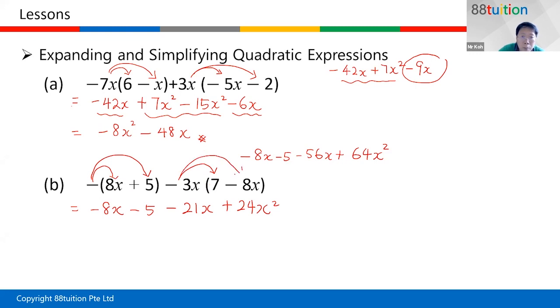Next one, minus times minus gives you plus, 3 times 8, 24, x times x squared. So I need to combine them. First, I look at all the x squared. Do I have x squared? There's only one, so 24x squared. Then I look at minus 8x minus 21x. So I combine minus 8 minus 21. Total is minus 29x. Then finally, minus 5.